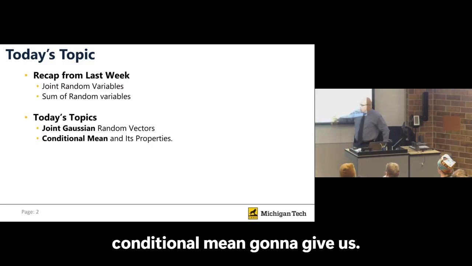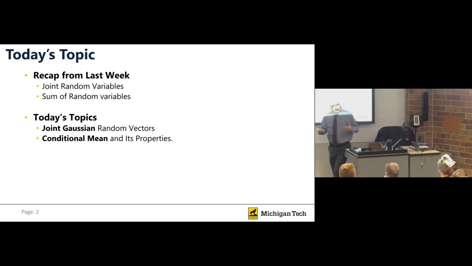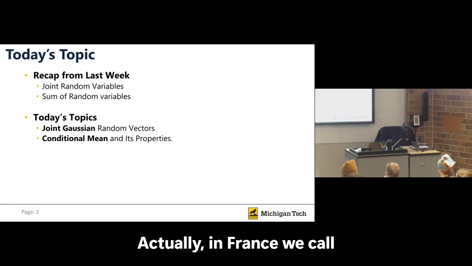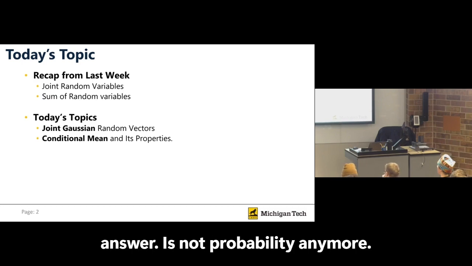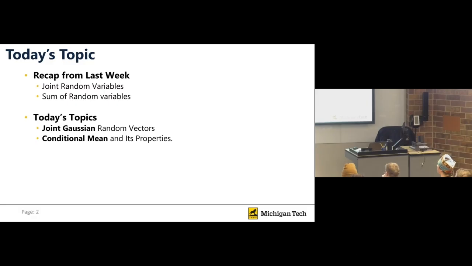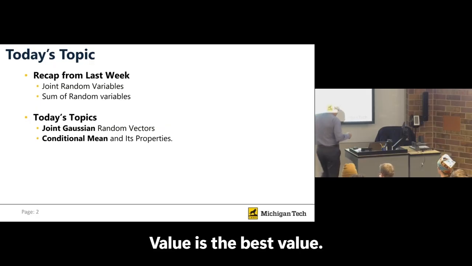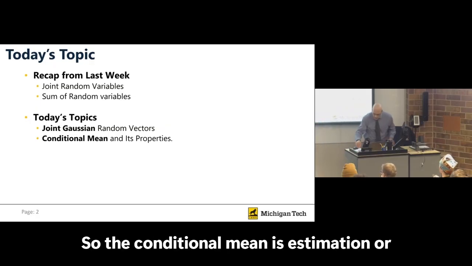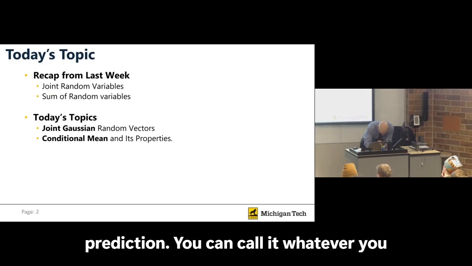And conditional mean is going to give us actually inference. We call it inference. It gives us an answer. It's not probability anymore. This is a mean of probability. So it's a value, it's the best value. So the conditional mean is estimation or prediction.